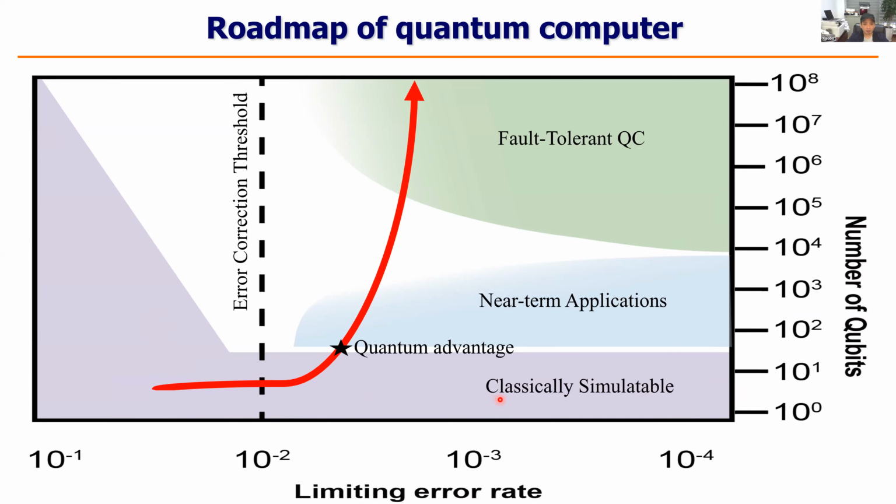In that case, we can only simultaneously improve the gate fidelity and also scale up more qubits. That's the only way we can escape from the classically simulatable range to go to the so-called quantum advantage.